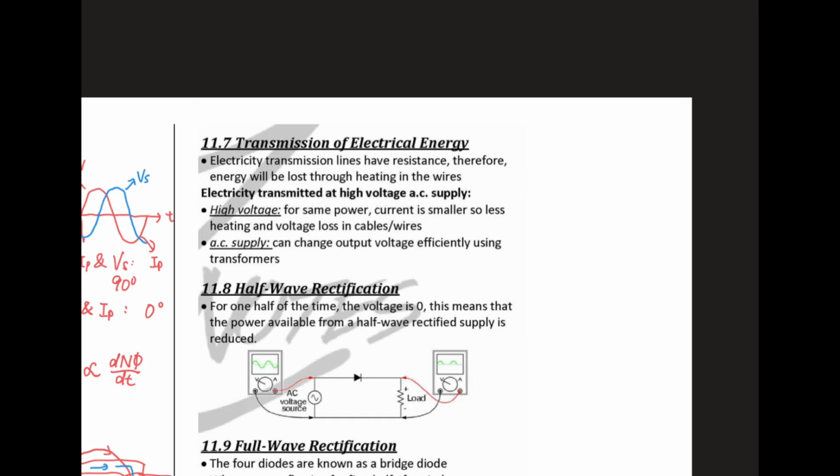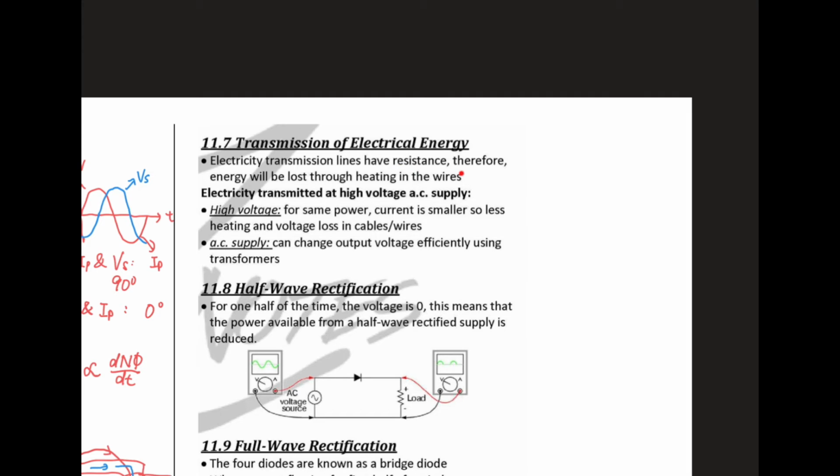So over here, what happens is electricity transmission lines have resistance. That means the cable has resistance. And moreover, it's very long, from rural area to city, so they have to travel a long journey. Therefore, energy will be lost through heating in the wires.